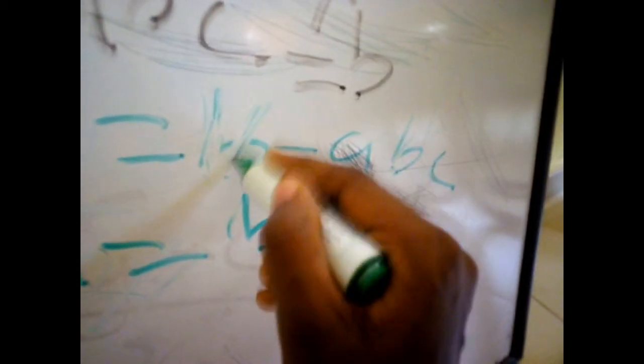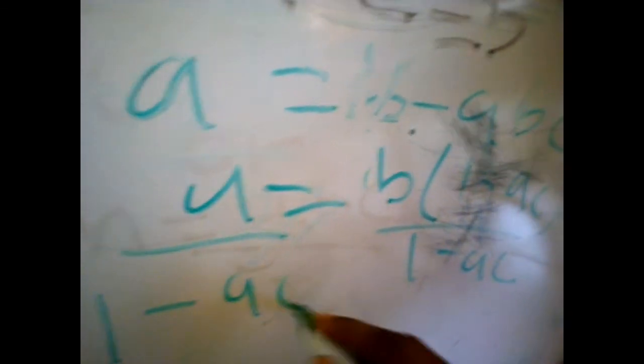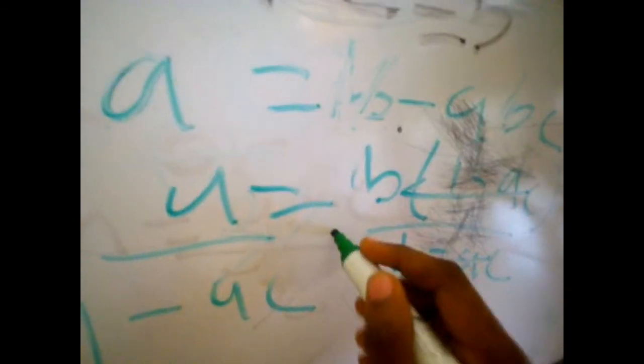So this is cancelled. We have 1 here. B is out, making this negative ac. So you're going to have 1 minus ac. Then you divide both sides by 1 minus ac. You divide both sides by 1 minus ac. 1 minus ac is going to cancel, making b the subject of the relation.